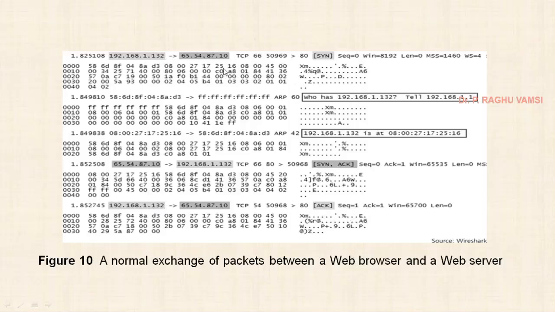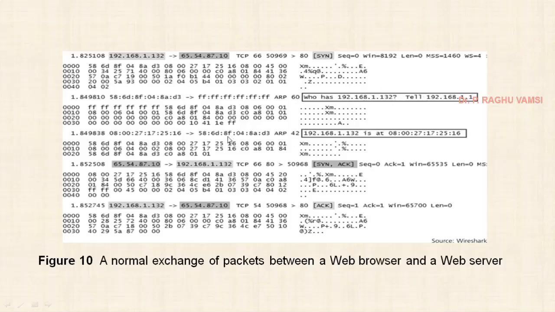Now in the previous FTP, we saw the first, second, third, and here the fourth one. First one, fourth one, and fifth one. But this is not happening here. The reason is the communication is happening between the web browser and web server. So the web server wants to resolve the IP address with respect to the physical address. For that, it is taking the help of ARP. ARP resolves the physical address when it knows the IP address, and it asks the network who has this IP address, to send their physical address.